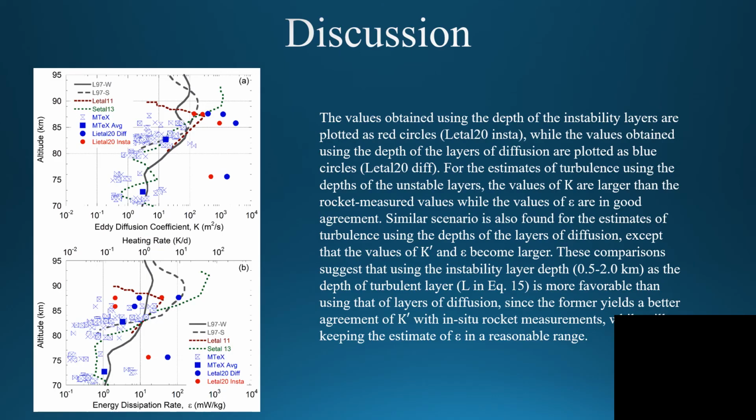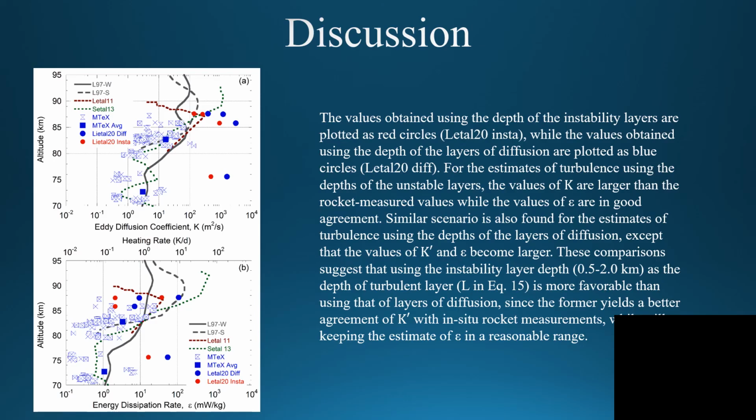In this plot, we compare the estimated values of eddy diffusion coefficients and the energy dissipation rate with other in situ rocket-borne measurements of turbulence in the Arctic region. For the estimate of turbulence using the depths of the unstable layers, the values of K are slightly larger than the other measured values, which are the red circles, while the values of epsilon are in good agreement with the other measurements.